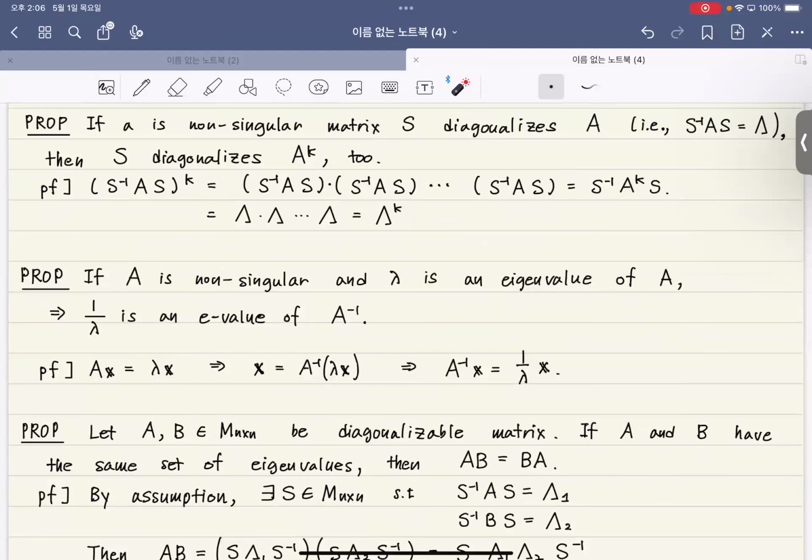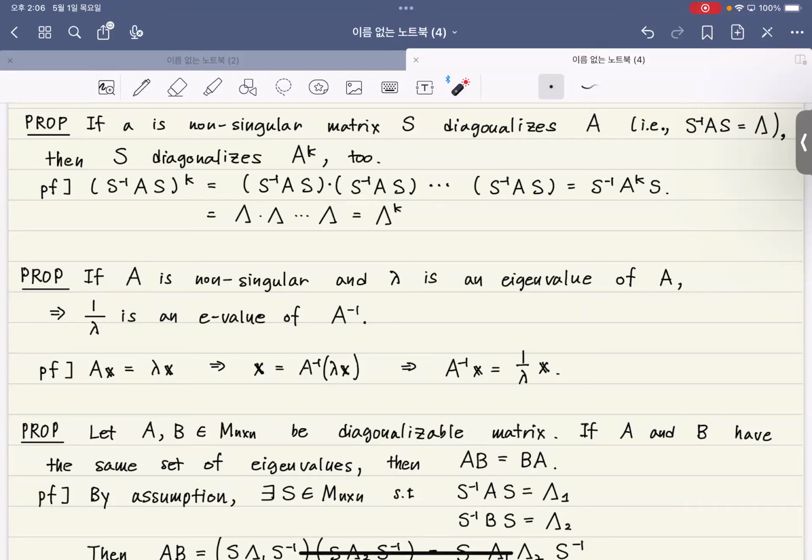The next one: A is a non-singular matrix and lambda is an eigenvalue of A. In this case lambda cannot be 0, because if any matrix has 0 as its eigenvalue, then the matrix must be singular. So lambda is a non-zero number, guaranteed.